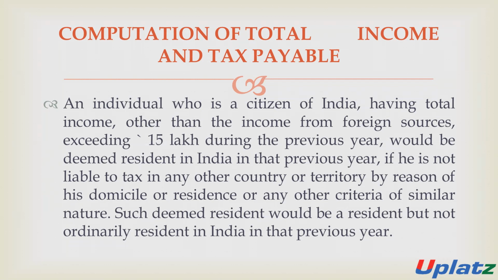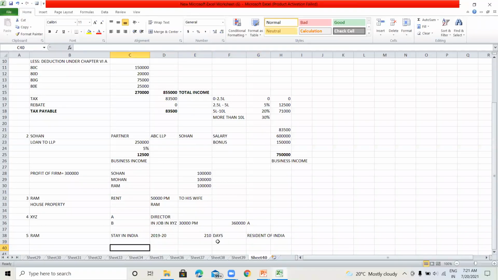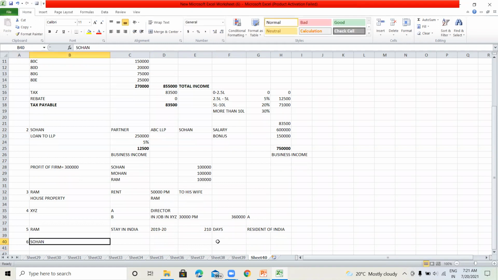Means if there is any person, just like Mr. Sohan, and he earned income other than foreign income of 18 lakh 50,000.